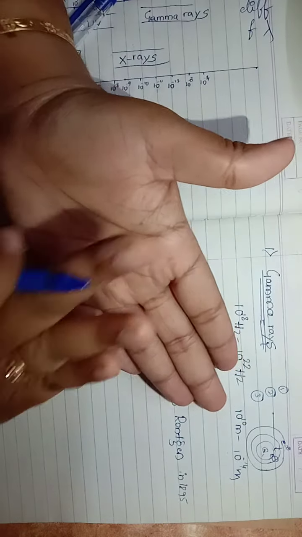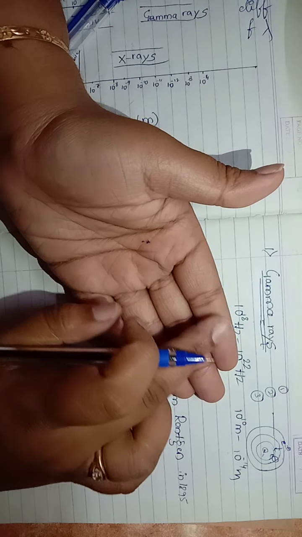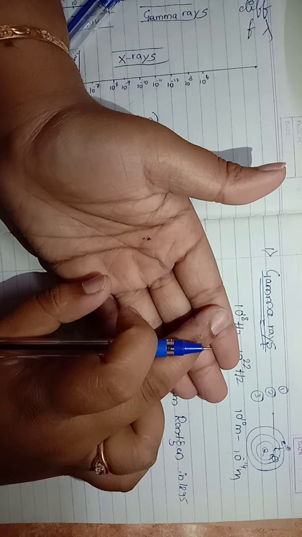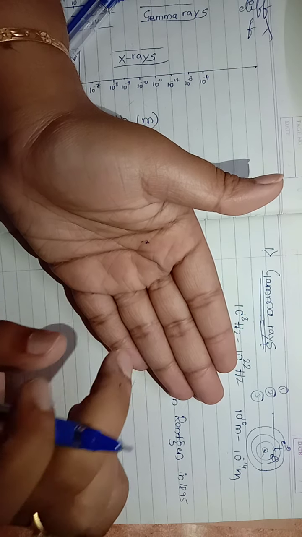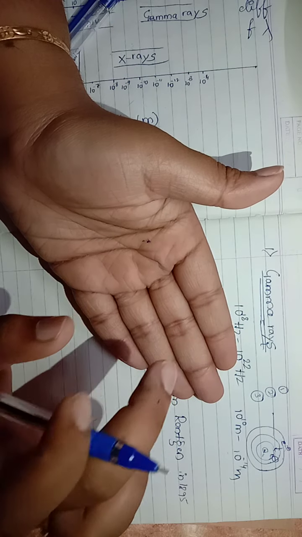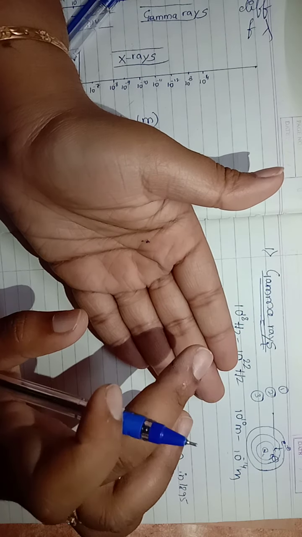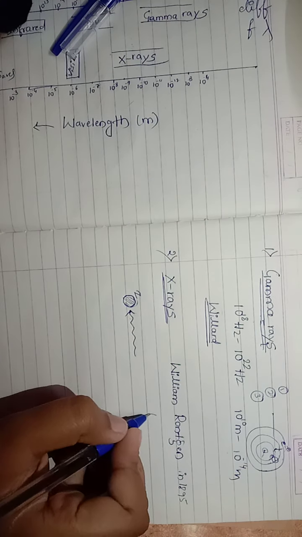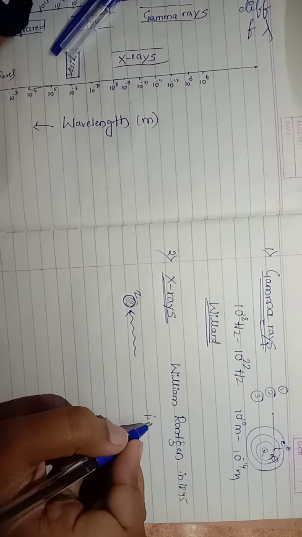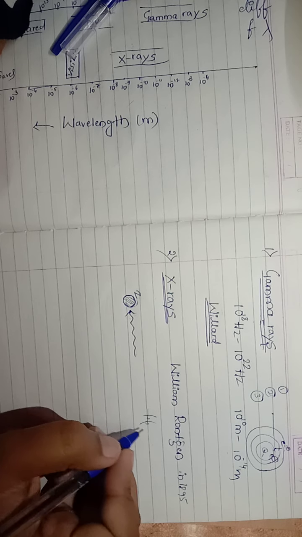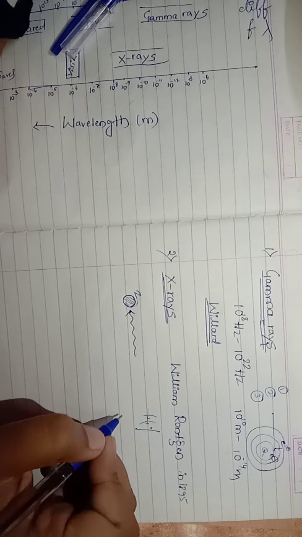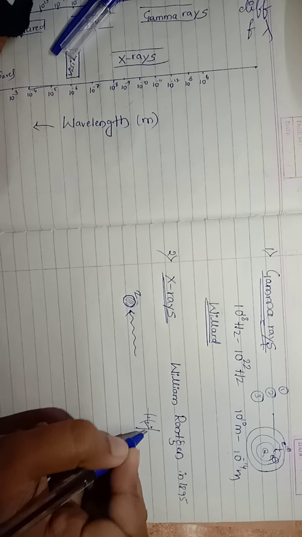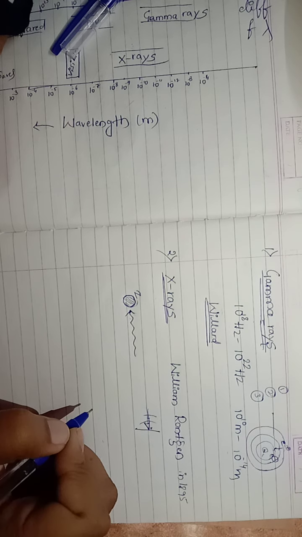Because upper side we have the skin, below that the flesh, and below that we have bones. X-rays can pass through the skin, through the flesh, but they are stopped by the bones.